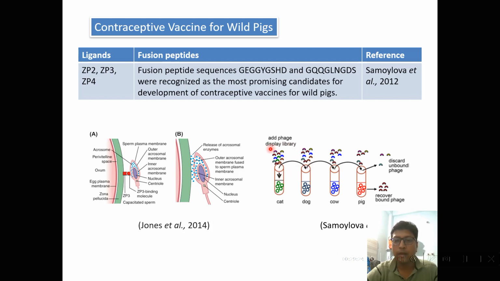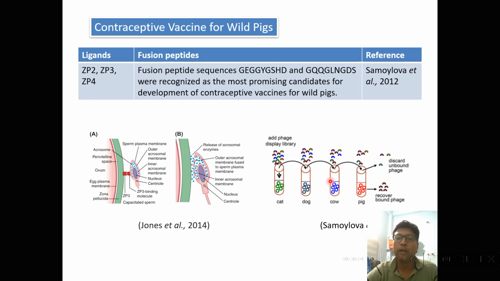First, he put the peptides with the phages into the cat zona pellucida mixture. Then he removed those peptides which were not bound. Then he further added these peptides into the dog zona pellucida proteins. Then he further removed those peptides which were unable to bind. Then he again put these phage display peptides into the cow zona pellucida reaction.